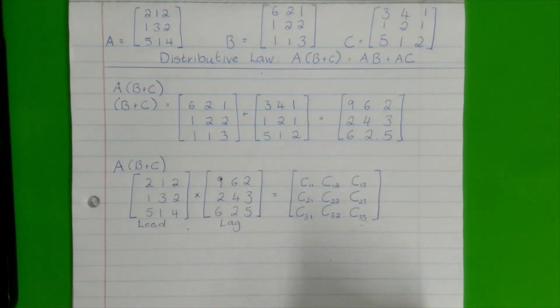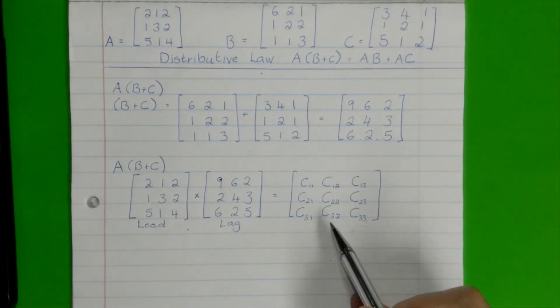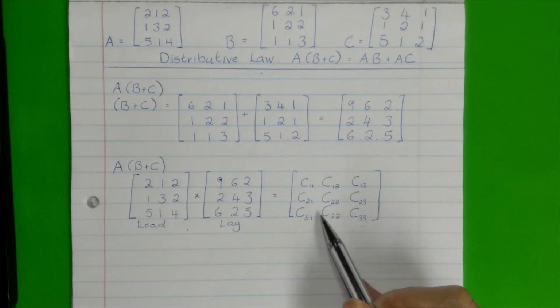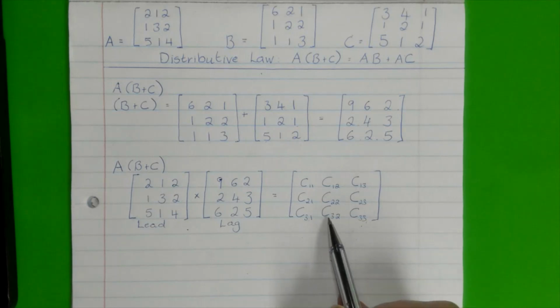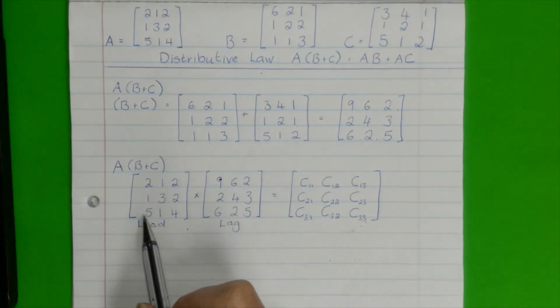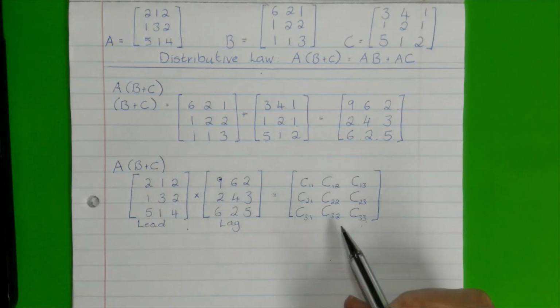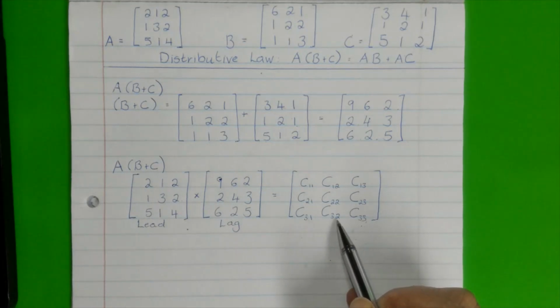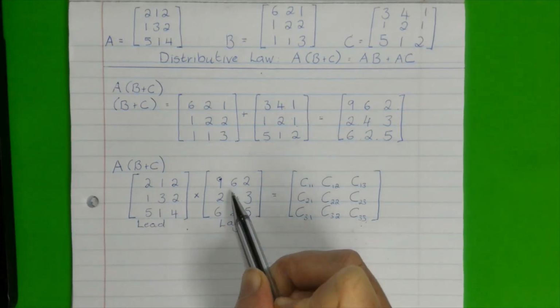Similarly, if we pick another element, if we want to know how we're going to calculate this value, we multiply the elements in the third row of the lead matrix by the elements in the second column of the lag matrix.